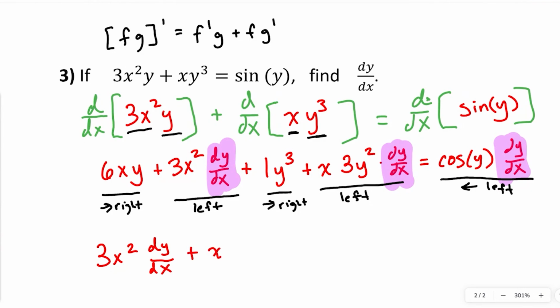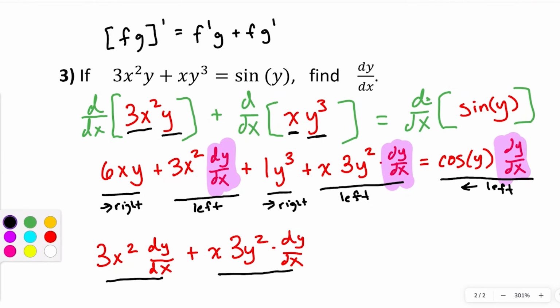There's no rush here. Those are the two terms that were already on the left. Now I'm going to bring that one that has a cosine y over to the left: minus cosine y, dy dx. All right, so those are all three terms that have the dy dx.